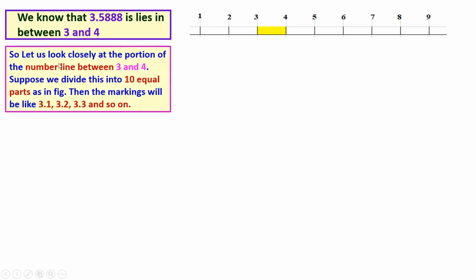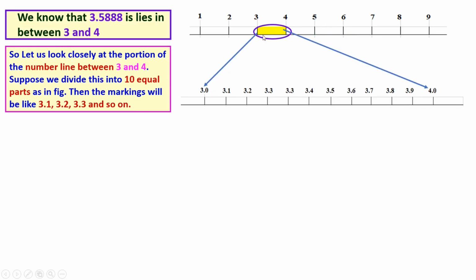So let us look closely at the portion of the number line between 3 and 4. Suppose we divide this into 10 equal parts as in the figure, then the markings will be like 3.1, 3.2, 3.3, and so on. 3.0, 3.1, 3.2, 3.3, like that.